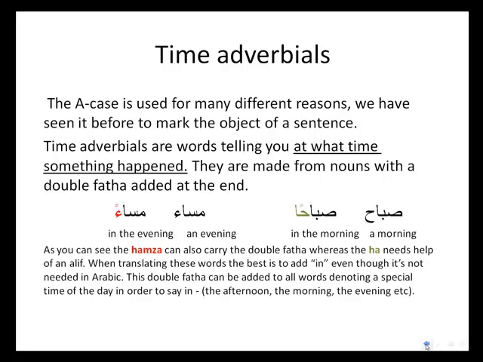It works with masa as well, masa'un, an evening, masa'an, in the evening, during the evening. We've seen before that a ta marbuta is strong enough to carry the double fatha. And we can see here that the hamza can also carry the double fatha, whereas most of the letters need an alif to help them, like the ha in sabahan.